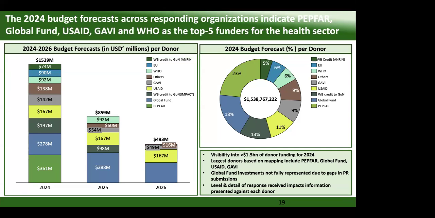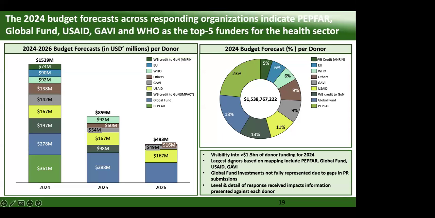But just to give you an idea, in 2024, we were able to map about 1.5 billion. Remember that I had told you that total health expenditure was in the 20-something billion dollars. 1 point something billion of it came from donors.